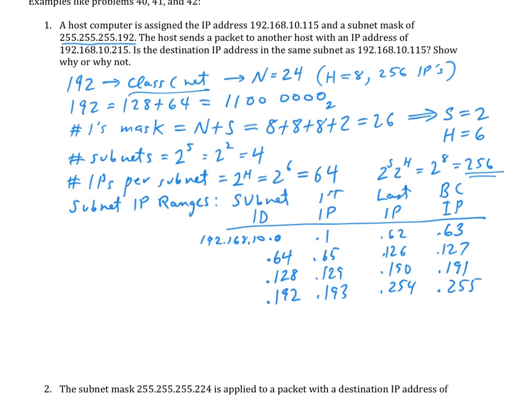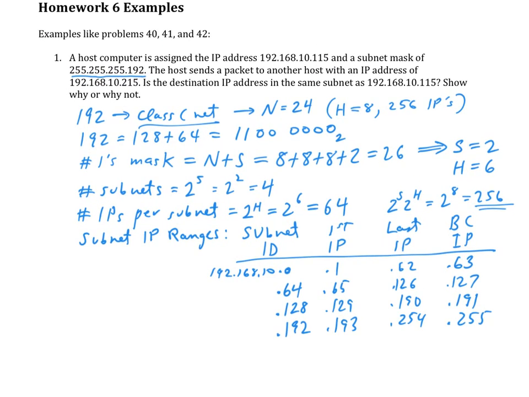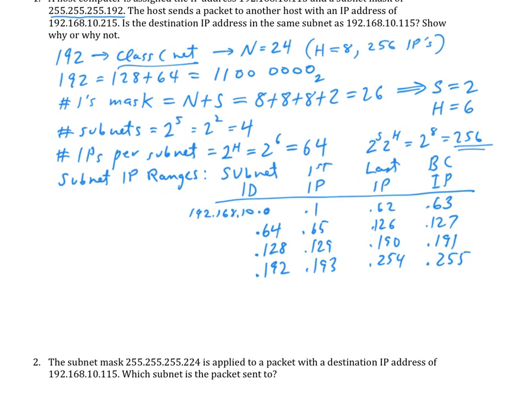Now we can look to see whether our two IP addresses, 115 and 215, are in the same subnet. It turns out that 115 is in this range, and 215 is in this range. 115 is between the 65 and the 126, and the 215 is between the 193 and the 254.